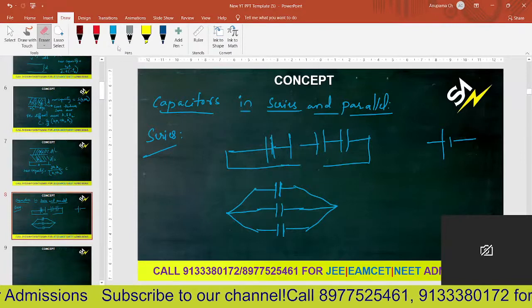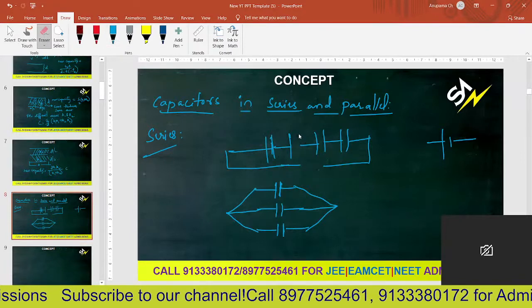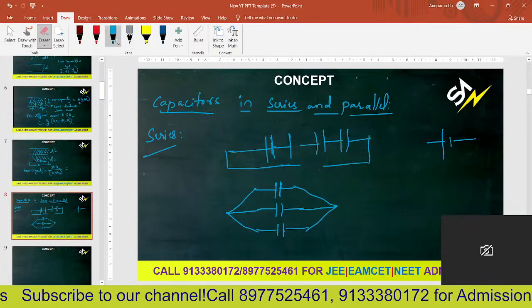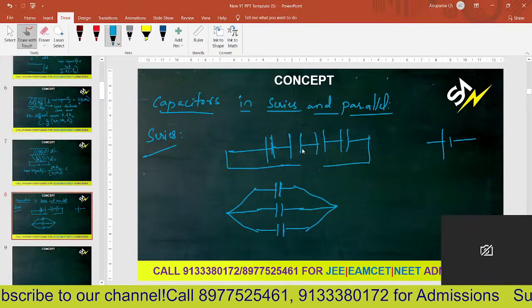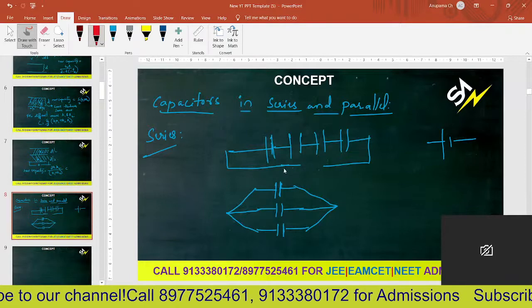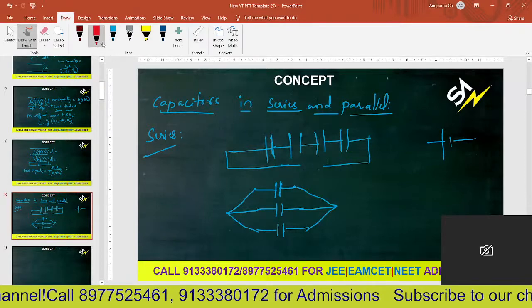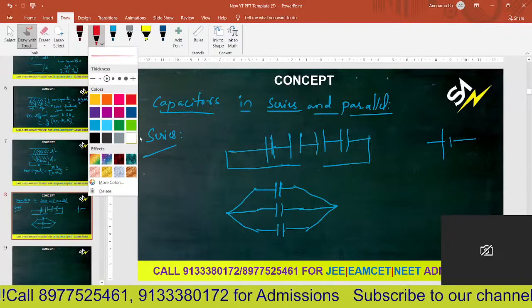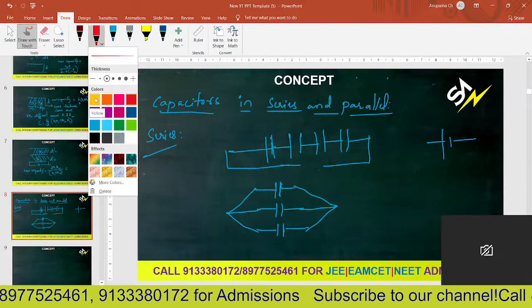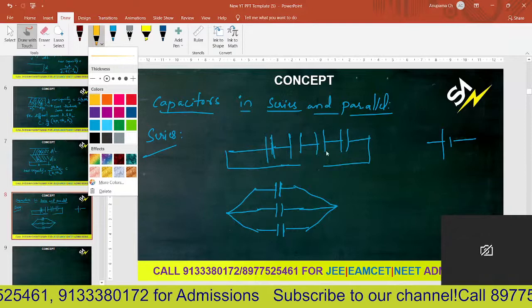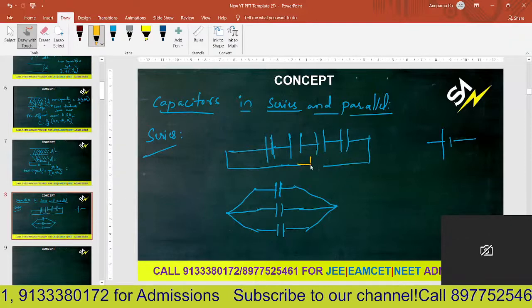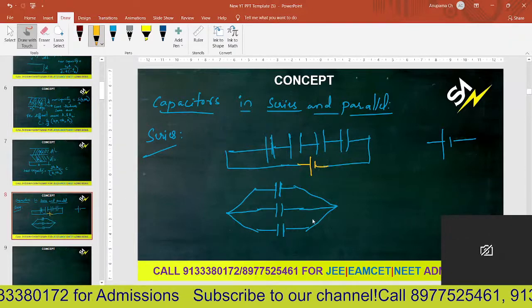If I change the color, then you'll come to know what a capacitor is. Instead of red, we'll choose yellow. Yellow will be visible, I suppose. Yes. See, the battery I am drawing here.